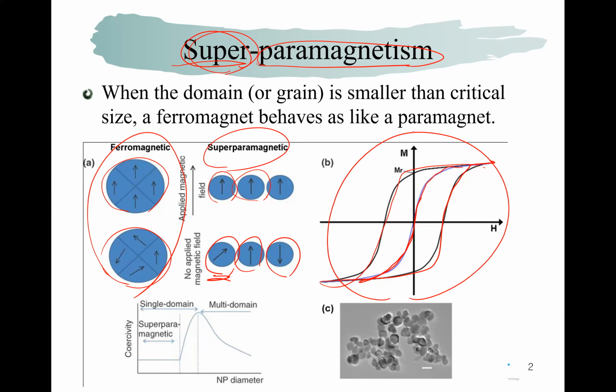In a real paramagnet, each spin points randomly. In such a small nanoparticle, without an external magnetic field, the magnetization direction of each particle is random, but the spins within each particle are collinear. That's a big difference.